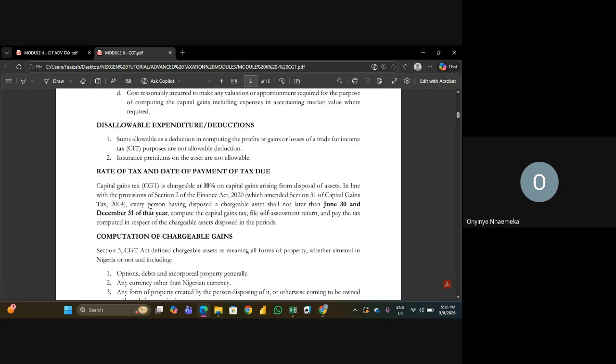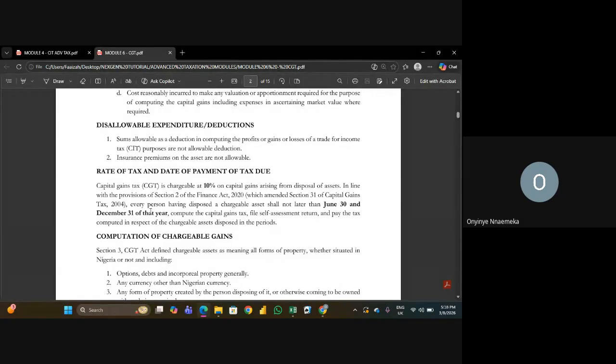Let me repeat myself. As long as that expense is allowable under CIT, it is disallowable under CGT. Because if we allow it under CGT, it means that we allow it in two different places, and you are absconding with our money. Yeah? Number two, insurance premium on the assets is not allowable.